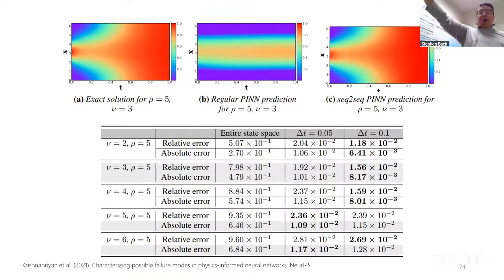And with those, obviously, you can have better modeling accuracy. So this is a very common, very well-known solution to some of the problems of PINN.